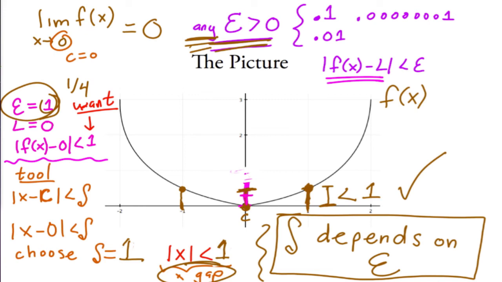But what you can do is just make delta smaller so that you can be inside of there again. So hopefully that process makes sense: epsilon is given, and then you have to choose your delta, your x gap, so that it fits inside of the y gap.